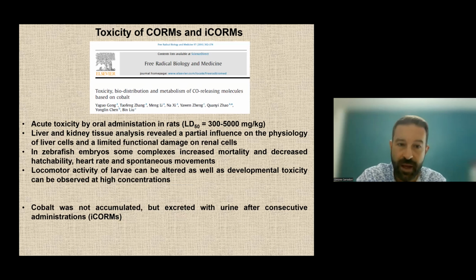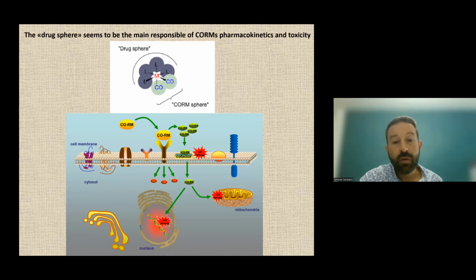In this in vivo study, the oral administration to rats of cobalt-based CORMs did not induce many side effects, in particular, despite a very light toxicity to liver and kidney, but only at higher doses, cobalt was not accumulated but excreted with the urine after consecutive administration.